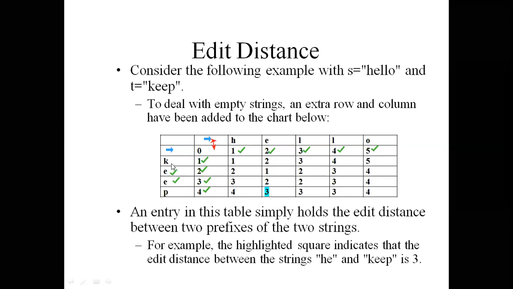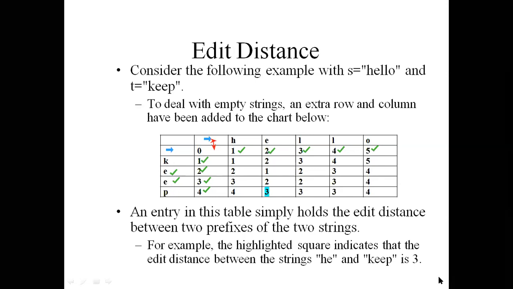Compare H and K. You can substitute K with H, which is only one operation. Now check the second one, E. E is the same, so no operation. Then remove E and P: two operations.